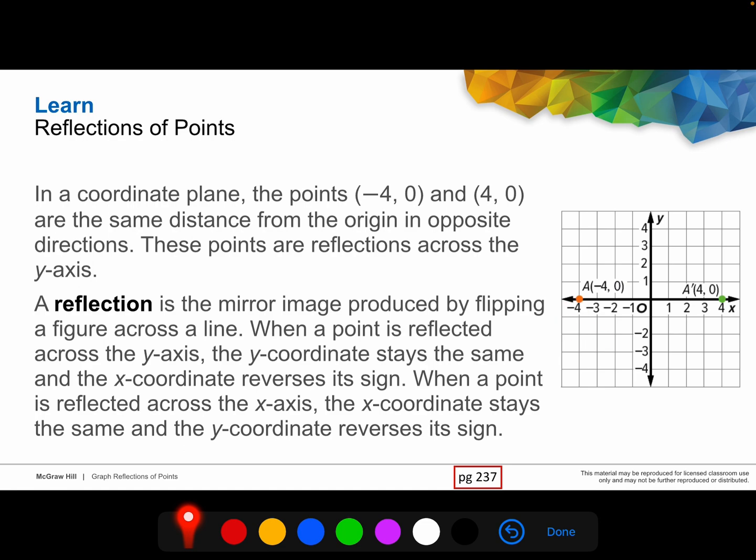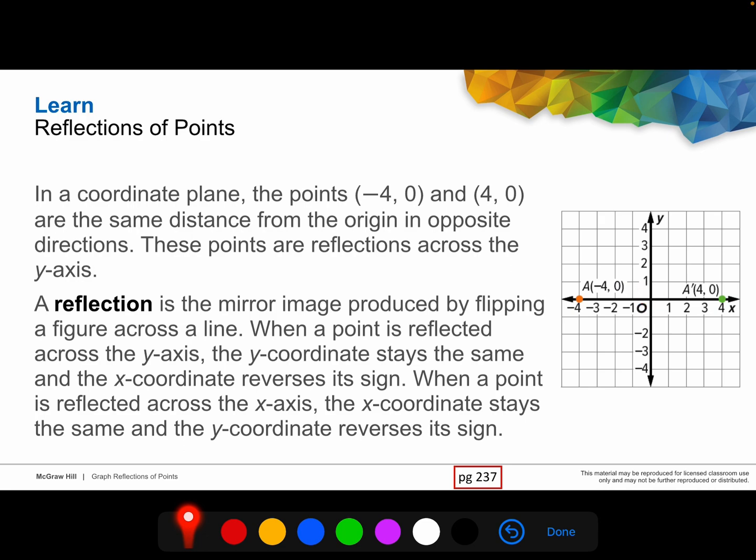Now, when a point is reflected across the y-axis, which means your y-axis is a mirror, your y-coordinate is going to stay the same because the distance from that y is the same for both.